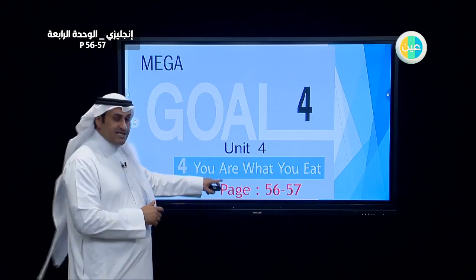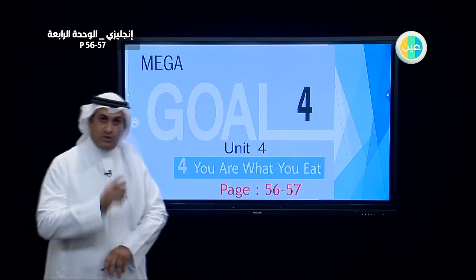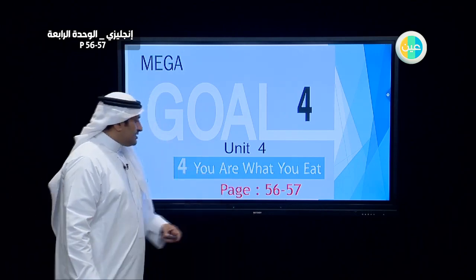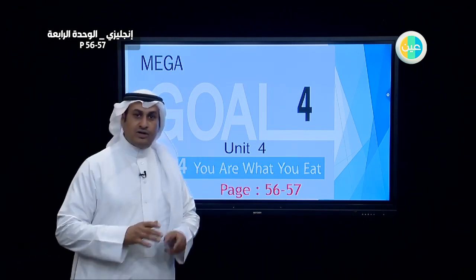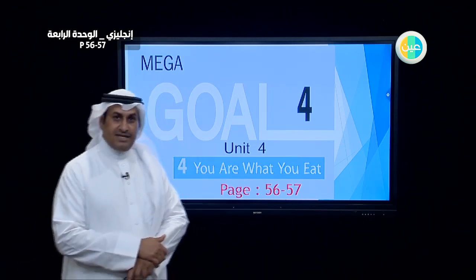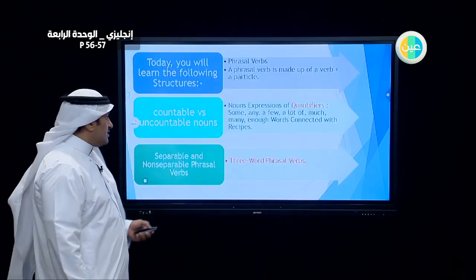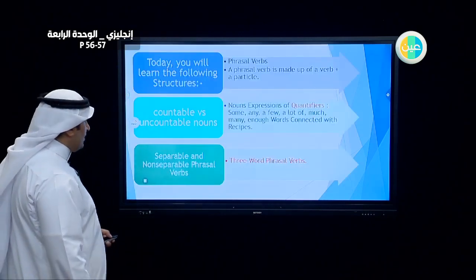Okay, please, boys and girls, look at pages 56 and 57 in your book. We are talking about the second section, which is grammar. Let's see together what you are going to learn here.